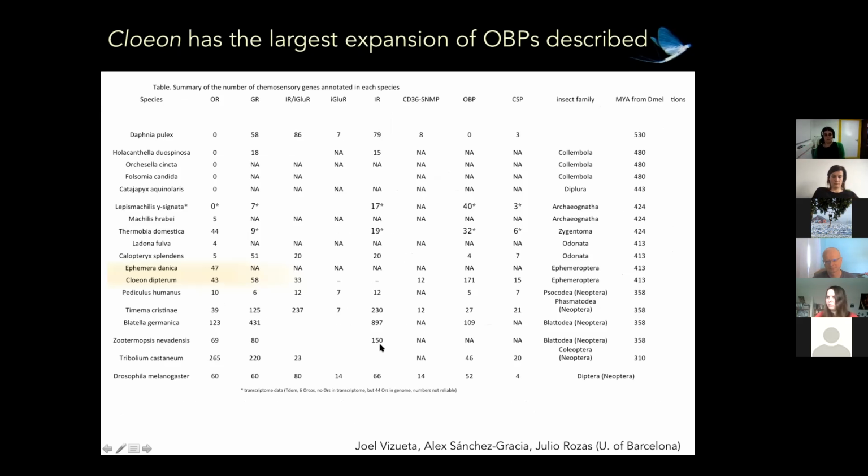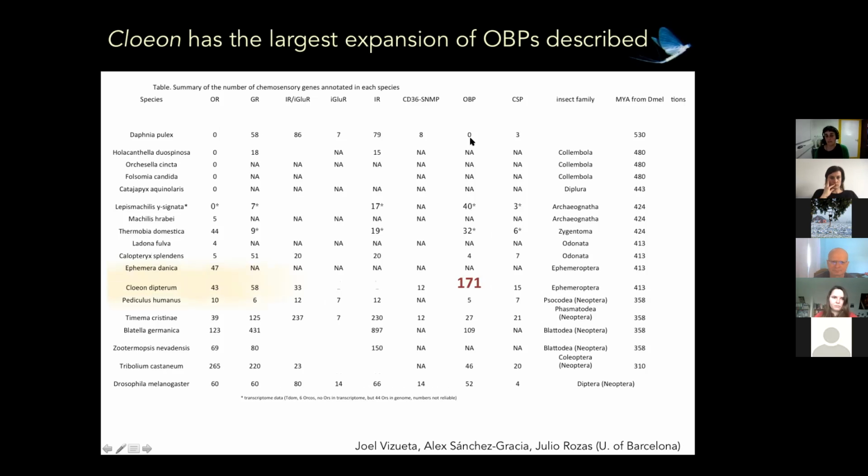So with this information, we started to think about what happens with these gene families in our mayfly. We and our collaborators studied the complement of each of those families in mayflies, in Cloeon dipterum, and what we observed, and it was quite striking, is that for the odorant binding proteins, Cloeon dipterum has a huge expansion.